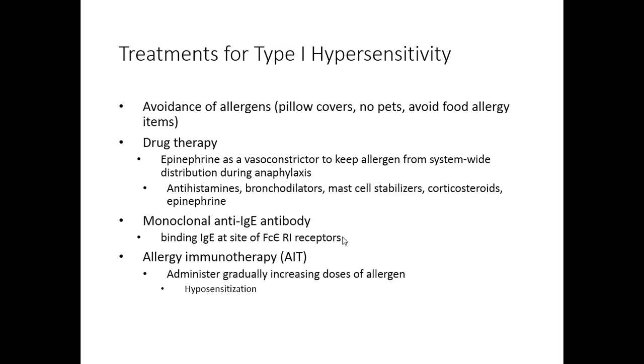And what it's designed to do is to have the patient develop an IgG response and build up IgG memory. It's designed so that when the patient is exposed to the antigen later in life, their body will respond by producing IgG instead of IgE.